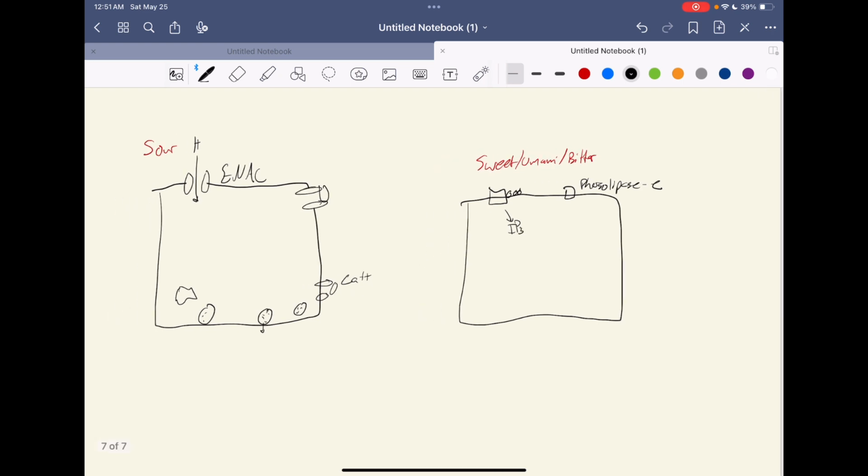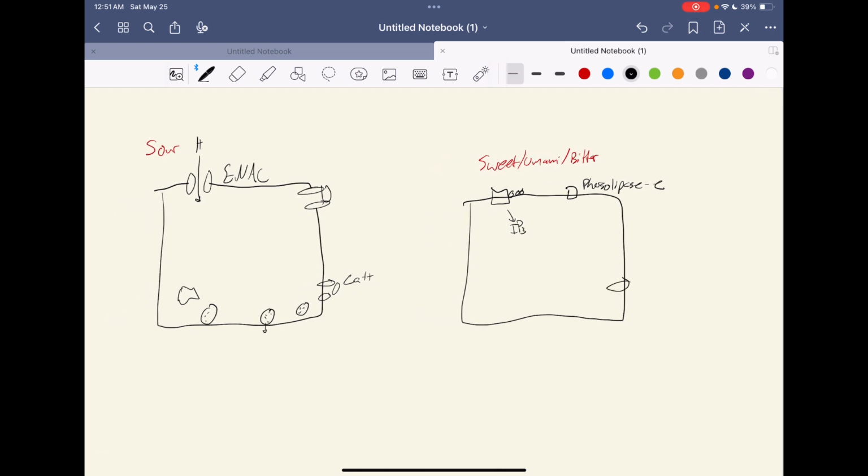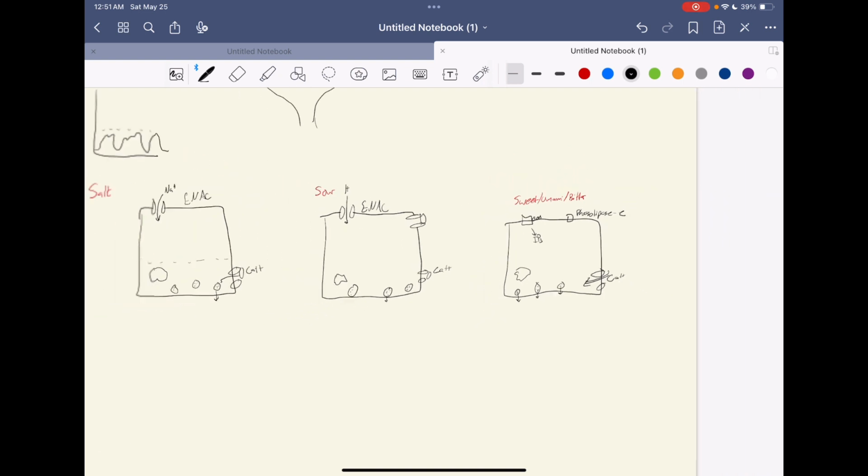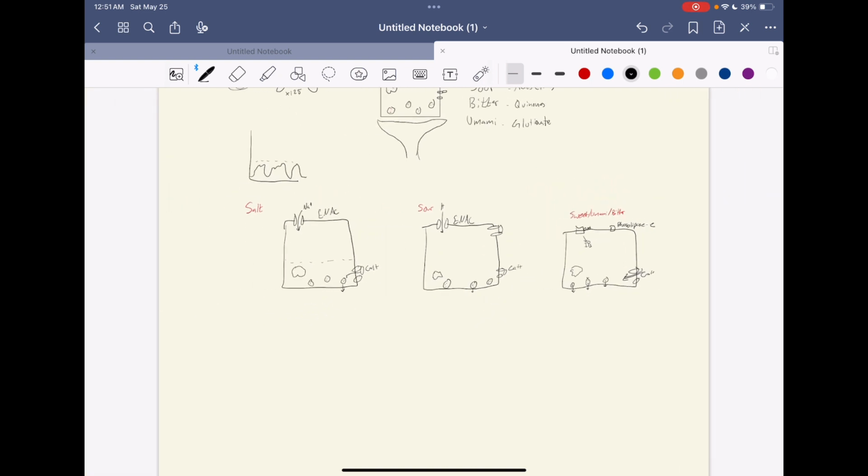IP3 is the precursor for calcium, and so lots of calcium is going to be dumped into this cell very quickly. And so along with the calcium that is in the sarcoplasmic reticulum, these neurotransmitters get dumped, and you will taste the sweet, bitter, or umami flavors in your foods.